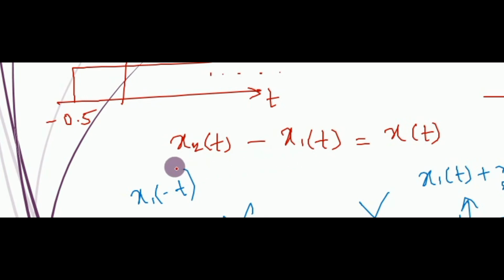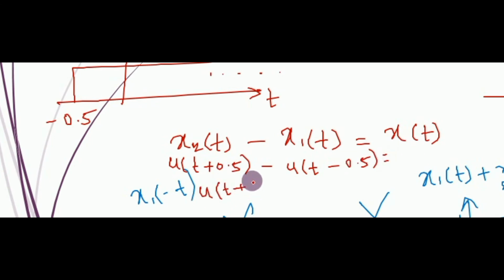This can also be written as u of t plus 0.5 minus u of t minus 0.5. In place of 0.5, you can also write half. All these mean the same.